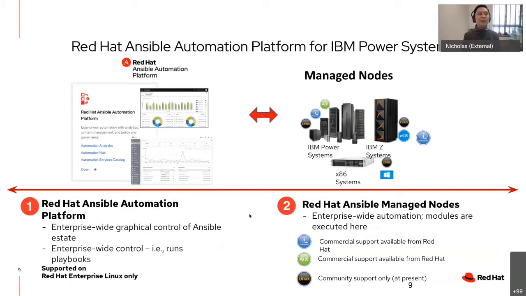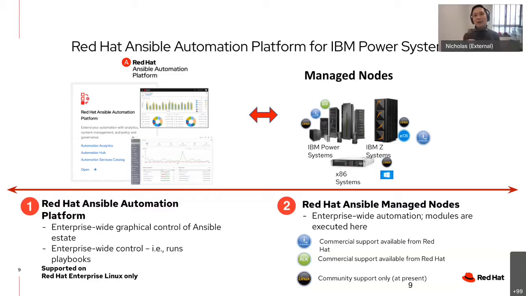An important thing for you to take note of is that the Ansible automation platform is the enterprise graphical control for your Ansible estate. So if you're running Ansible, this is the platform you are going to look at. There's a smaller picture over there, and the commercially supported endpoints are all listed here for IBM, right?